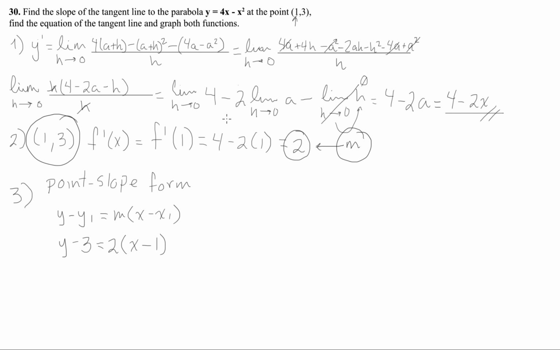We're going to convert this point-slope form into the standard form of the equation of a line. So we are going to solve for y. So y minus 3 is equal to 2x minus 2, y is equal to 2x minus 2 plus 3.